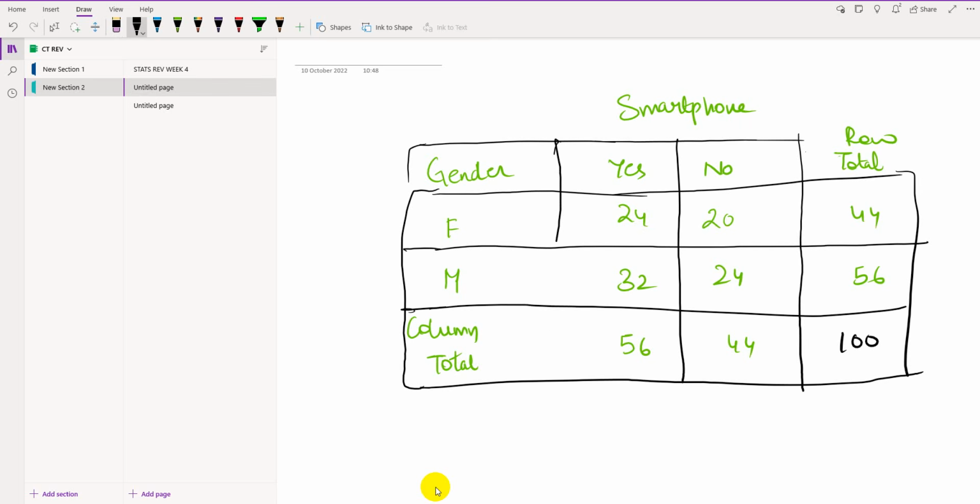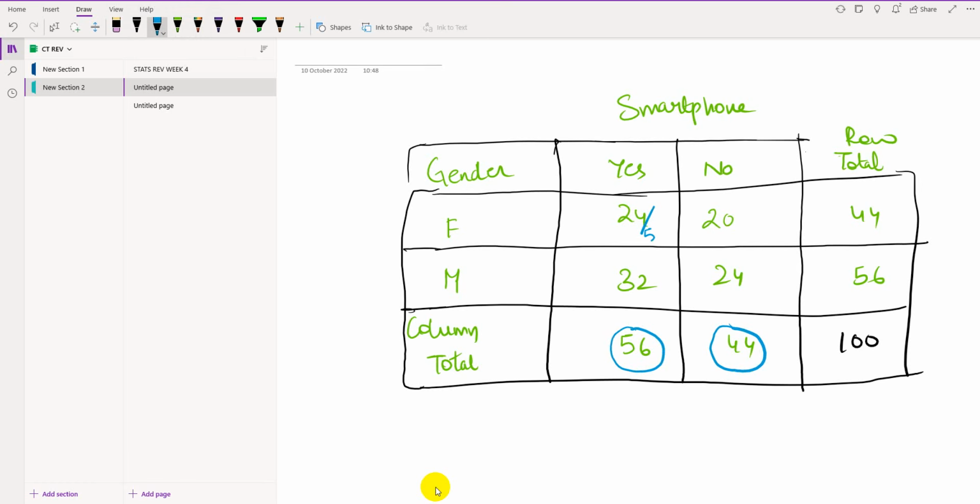So we have already seen how we have calculated the row total and the column total. We have also seen how we calculated the row relative frequency. Now we will look at the column frequencies or the column total. In the case of column, we take the total values of the column and divide each frequency of the respective column with the total frequency of that particular column.